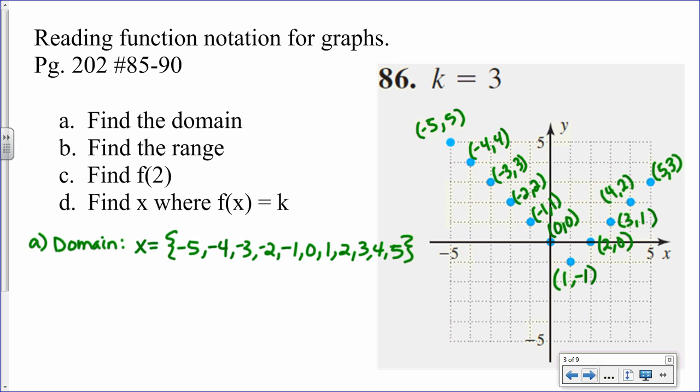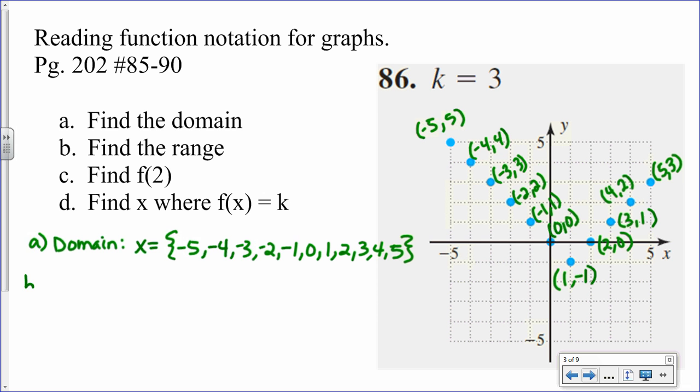You cannot say negative 5 to 5 or write an interval, because that would mean you're asking for like negative 4.5 and 1.5, but that's not part of your graph. So you cannot just write negative 5 to 5.